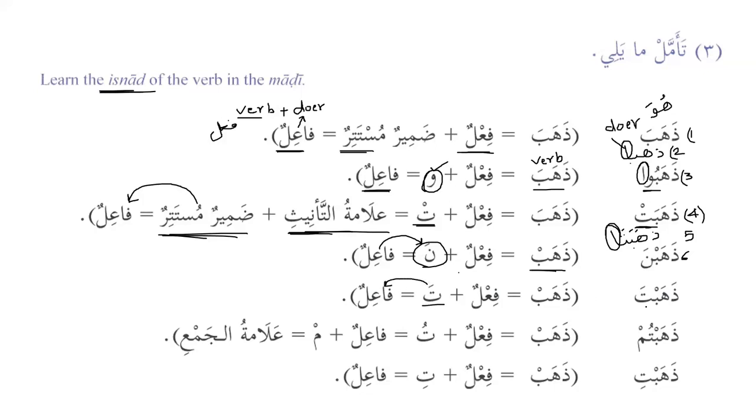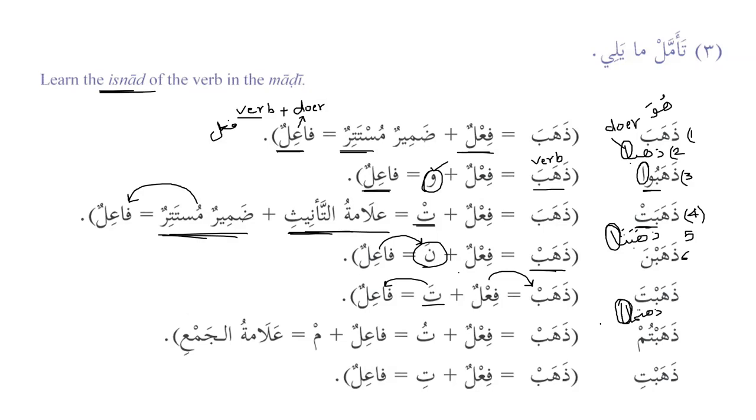As we know that the fi'l is dhahaba, and then we have the doer. Ta is the doer. Again, we have dhahabtuma. Whenever you talk about the dual, we need to know that in dual, alif is the doer, whether it is the present tense or the past tense.